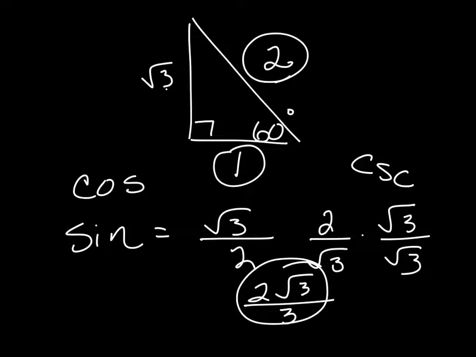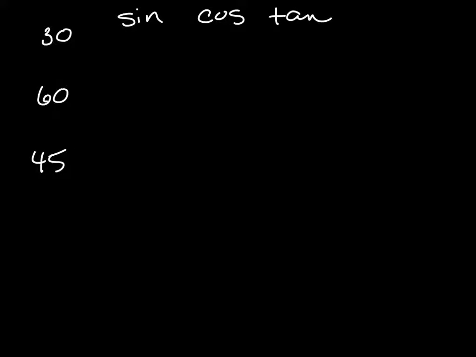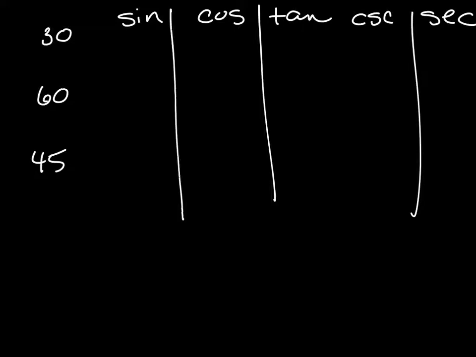So let me see if I can narrow this to a whole chart. So if I do 30, 60, 45, and I do sine, cosine, tangent, reciprocal of sine is cosecant, and secant, and then we'll do cotangent in just a minute. Running out of room here.